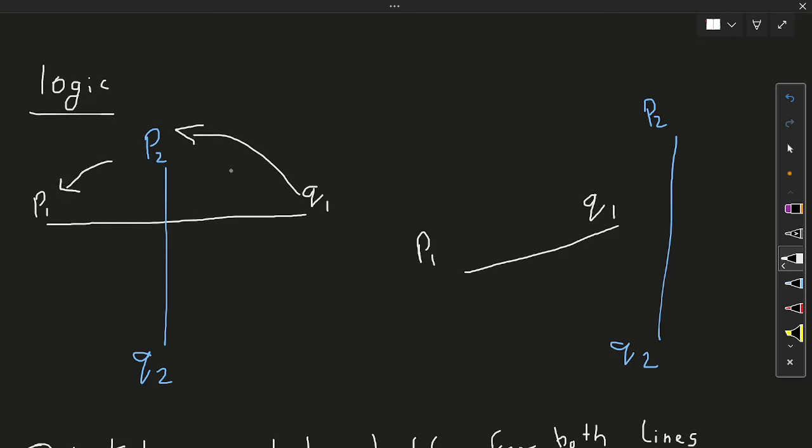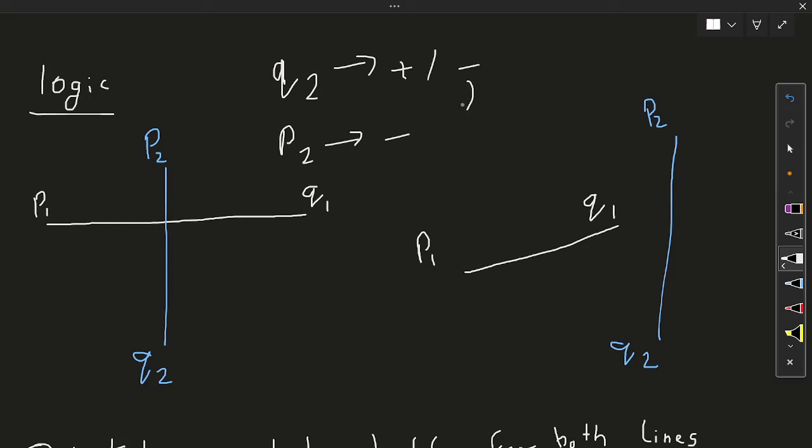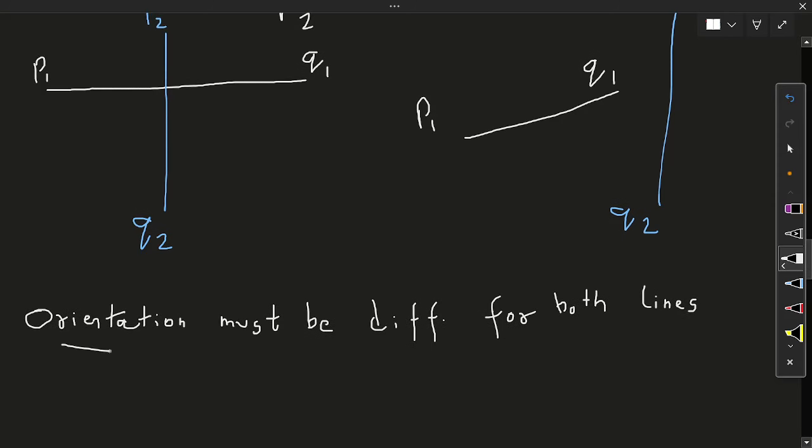So we have found that the direction should not be the same. If the direction to Q2 is positive, then the direction to the other point must be negative. If it is negative, then the other direction must be positive. So the orientation must be different.